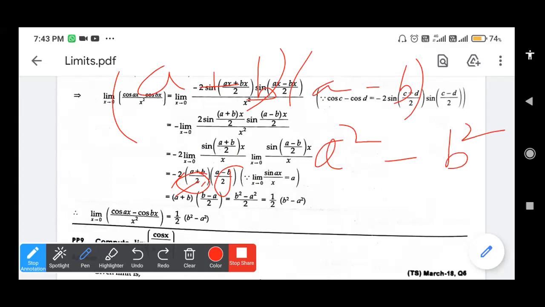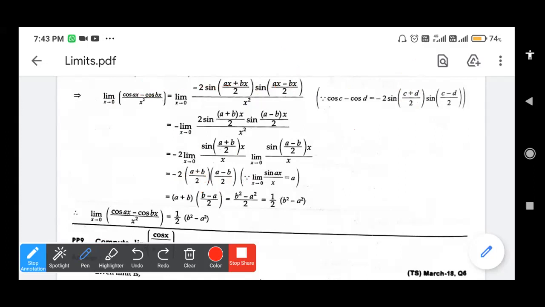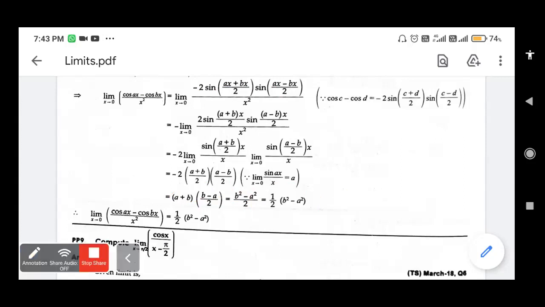Same formula we applied over here. (b square minus a square) by 2. So this is our final answer. Okay. Half of (b square minus a square). Clear?